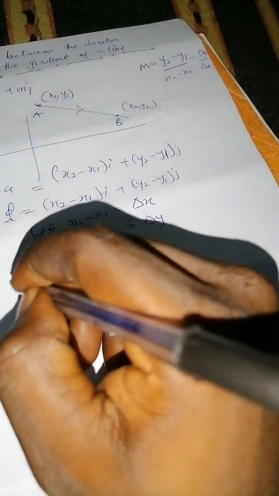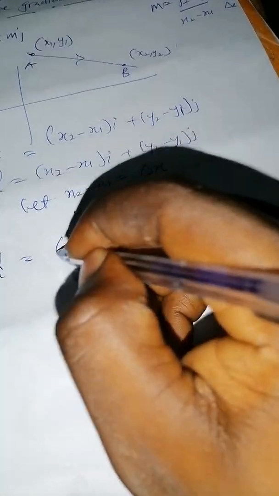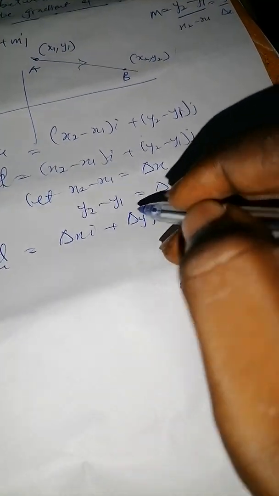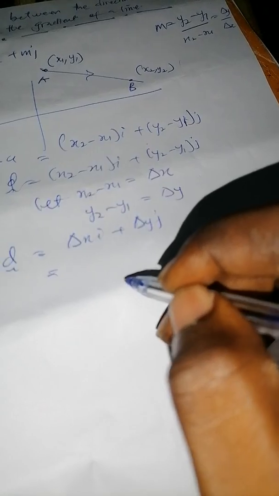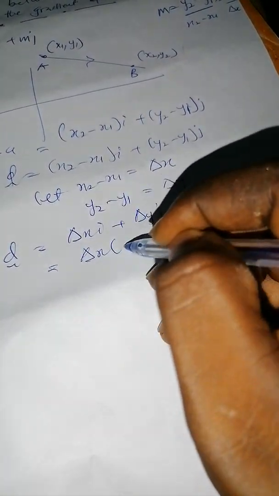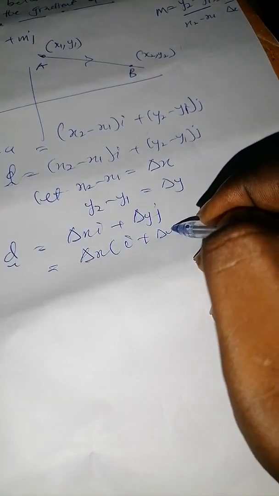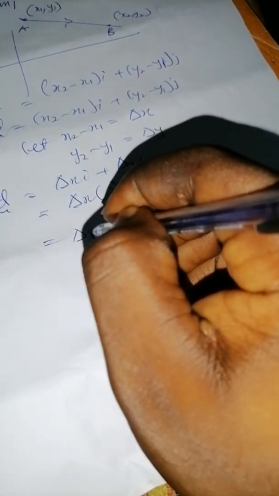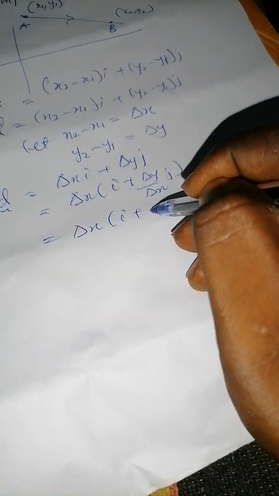That's how you find your gradient, given 2 points, right? So it means my direction vector now is going to be change in x i plus change in y j. Now if I factorize change in x out, what do I get? I get change in x times the bracket i plus (change in y over change in x) j. Okay, so now what is change in y over change in x?